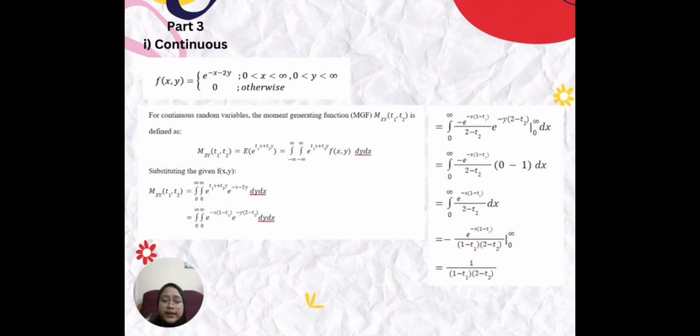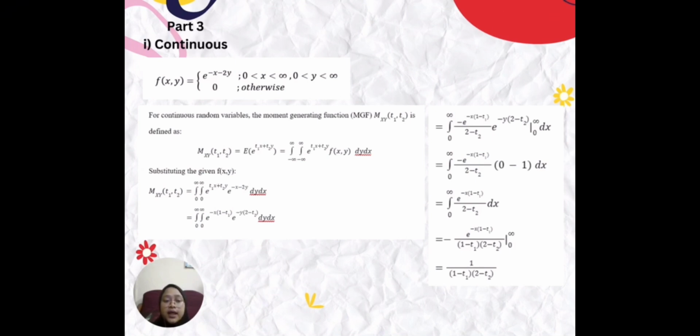After we integrate, we substitute the limits for y, which are infinity and 0. After substituting, we get e^(-x(1-t1)) over (2-t2). Then we integrate for x and get -e^(-x(1-t1)) over (1-t1)(2-t2).